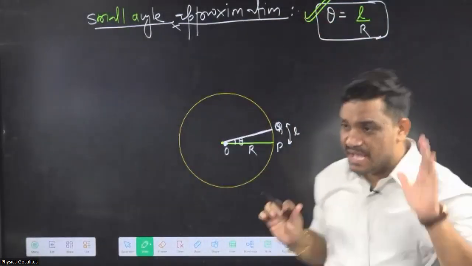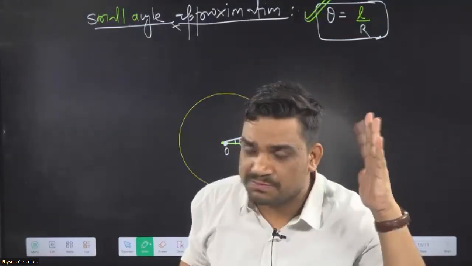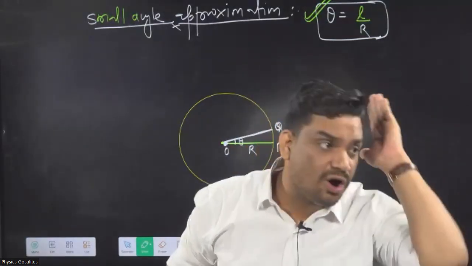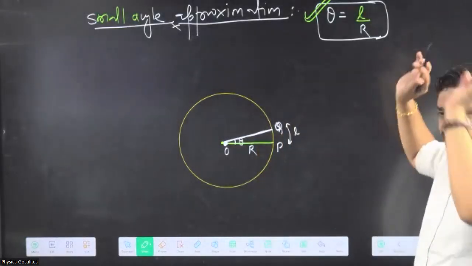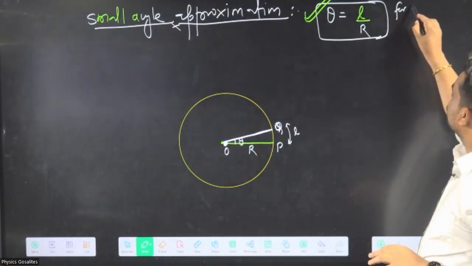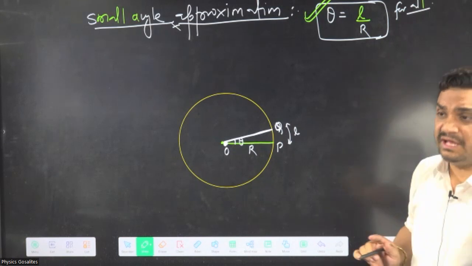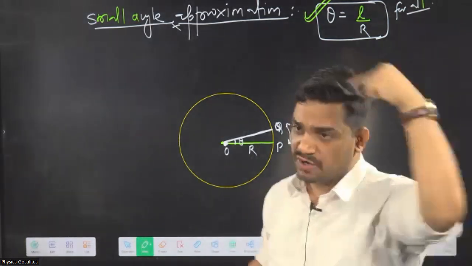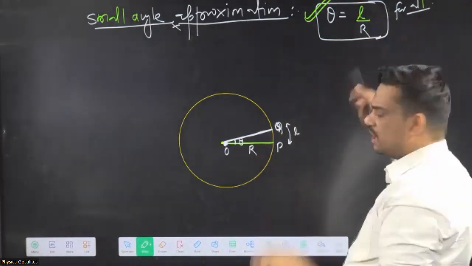In the first class, did I say anything about a small angle? No, it is for all. Clear? I used it for one full round also, 2 pi r for full. It is not only for small angles, it is for all angles.